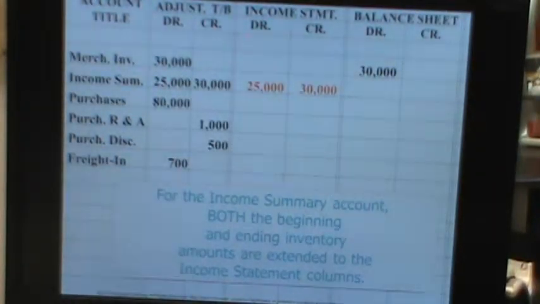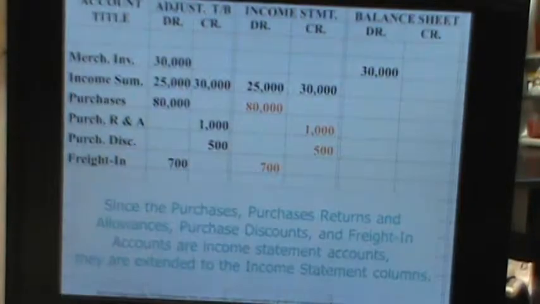Both the beginning and ending inventory amounts in income summary are extended to the income statement column. So anything above merchandise inventory is going to go to your balance sheet, and anything below is going to go to your income statement.